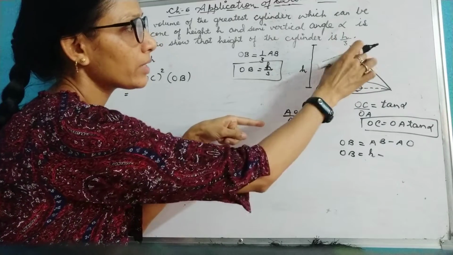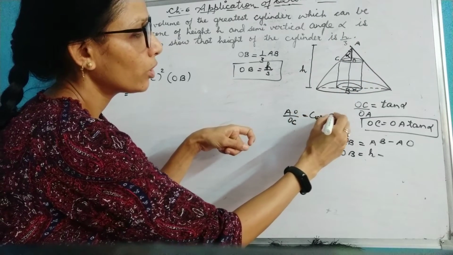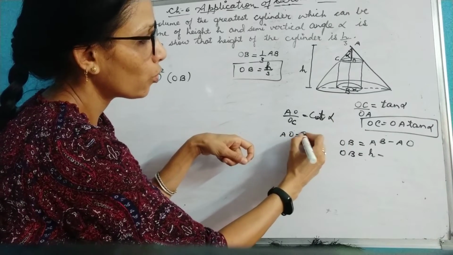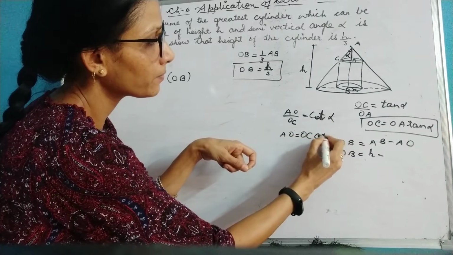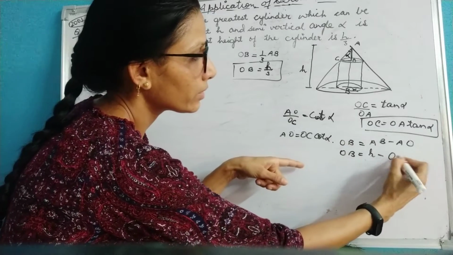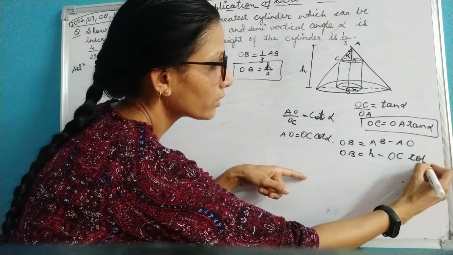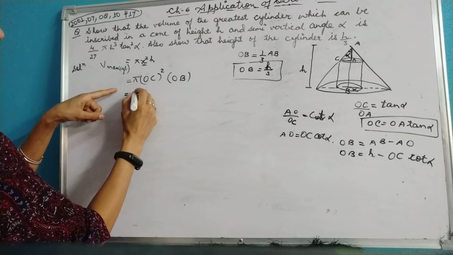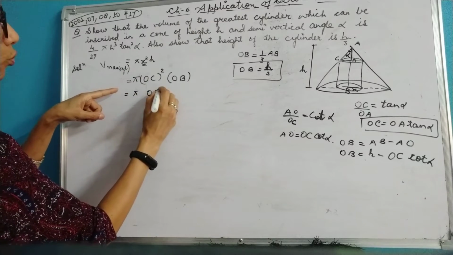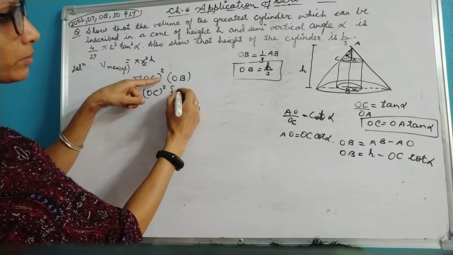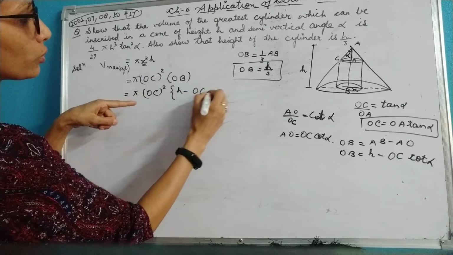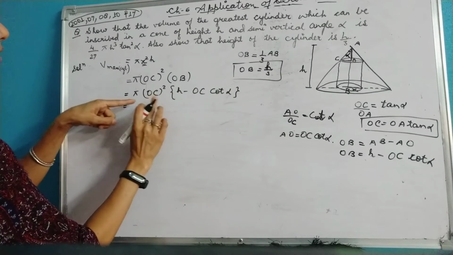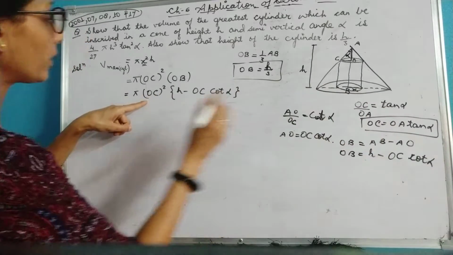AO is your base and OC is the perpendicular, which is equal to cot alpha. So I can write AO equal to OC cot alpha. So here I am writing it as pi OC square, and this OB can be written as H minus OC cot alpha. So OC can be written as OA cot alpha.